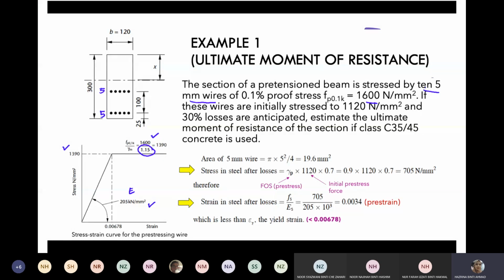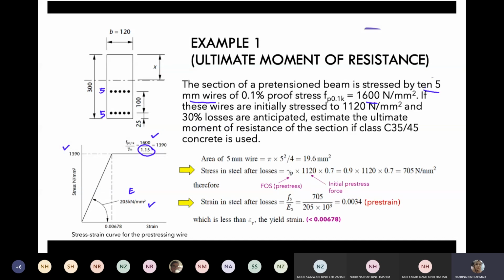So you can see from the question, if these wires are initially stressed to 1120 Newton per millimeter square, and with 30% losses anticipated, estimate the ultimate moment of resistance of the section if class C35/45 concrete is used.